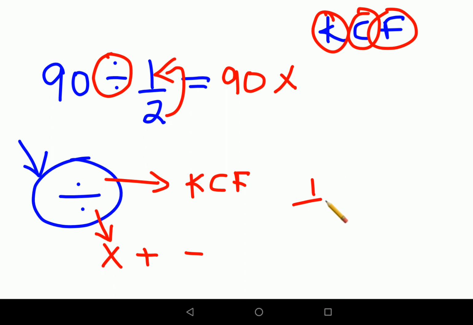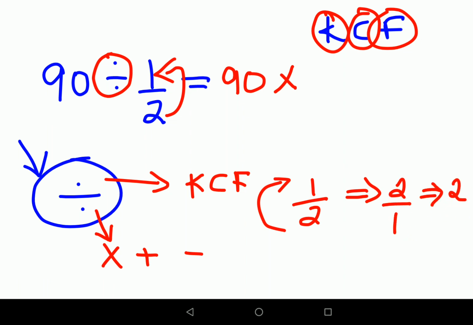So please understand, 1 upon 2, when you take the reciprocal of that, means the denominator goes to the numerator. So this will become 2 upon 1, which can be directly written as 2. Any number when divided by 1, we directly write the number itself. So here you will get 90 into 2.